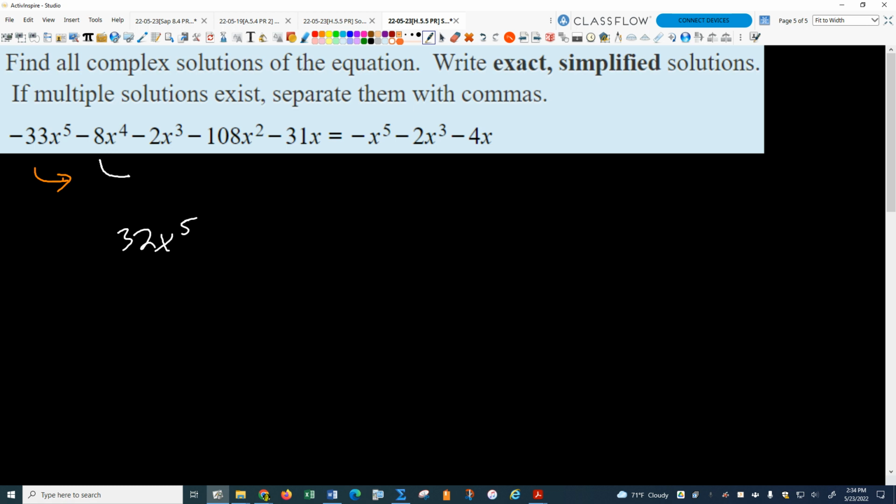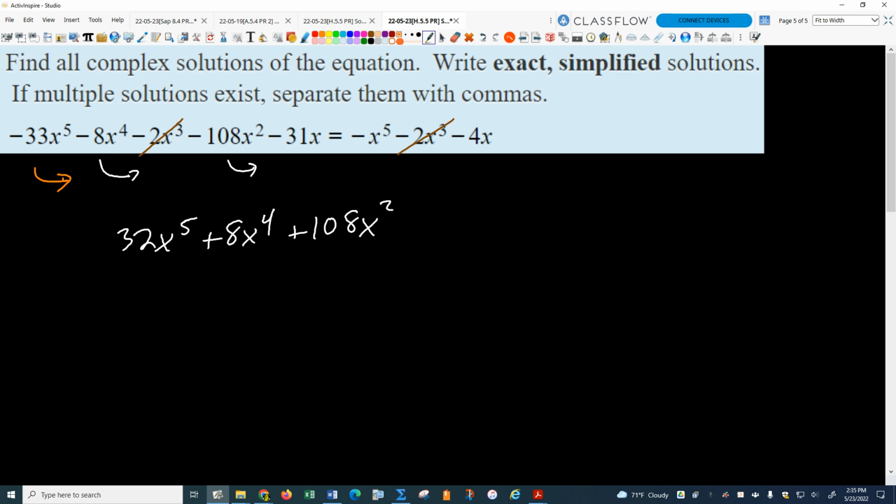Okay, what if I add 8x to the 4th to nothing? I just get 8x to the 4th, don't I? What if I add 2x cubed to negative 2x cubed? Yeah, those guys just cancel, don't they? So the x cubes go away. If I add 108x squared to no x squareds, I just get plus 108x squared.